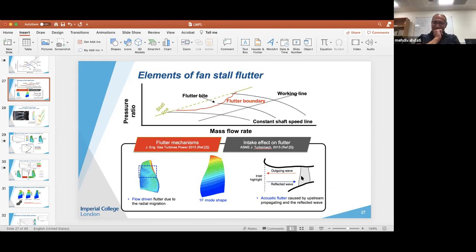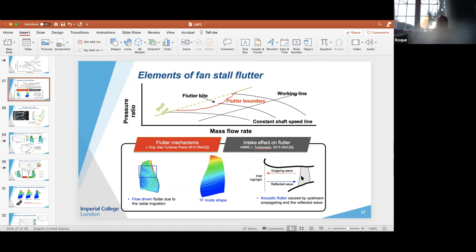Okay. One of the things that has always puzzled me about stall flutter is the name. It seems to me that it's called stall flutter because it's close to the stall line. But your flow is not really separated because you have migration and all that.